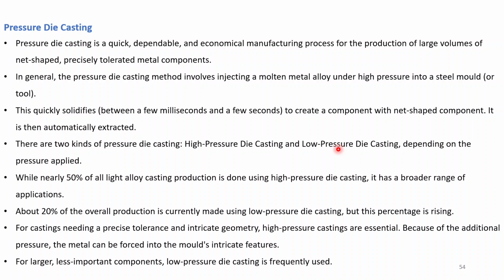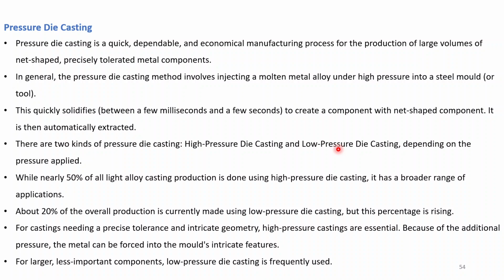While nearly 50% of all light alloy casting production is done using high pressure die casting, which has a broader range of application, about 20% of overall production is currently made using low pressure die casting, but this percentage is rising.